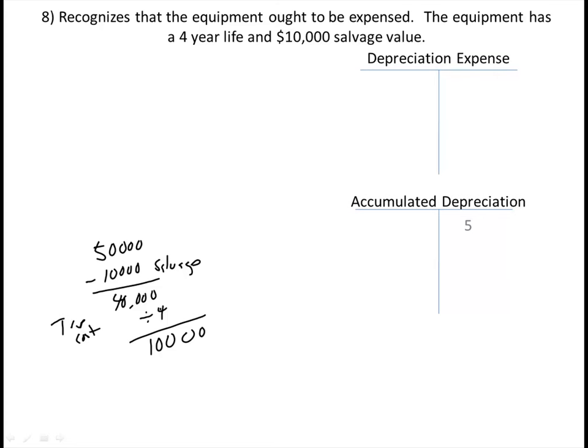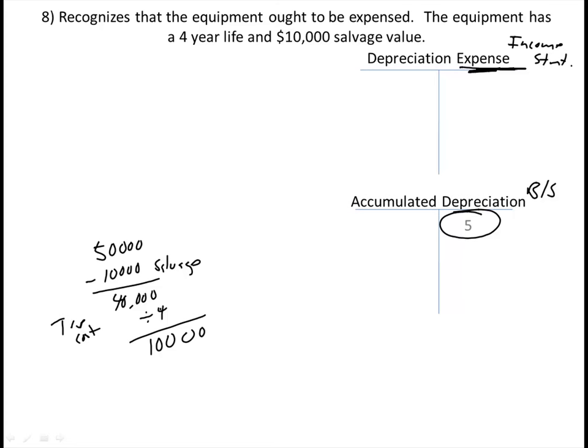Again, you will note that this guy's got an opening balance because our accumulated depreciation account is a balance sheet account. It's a permanent account, whereas our depreciation expense account is a temporary account. This gets closed into income summary and then into retained earnings. This is an income statement account.